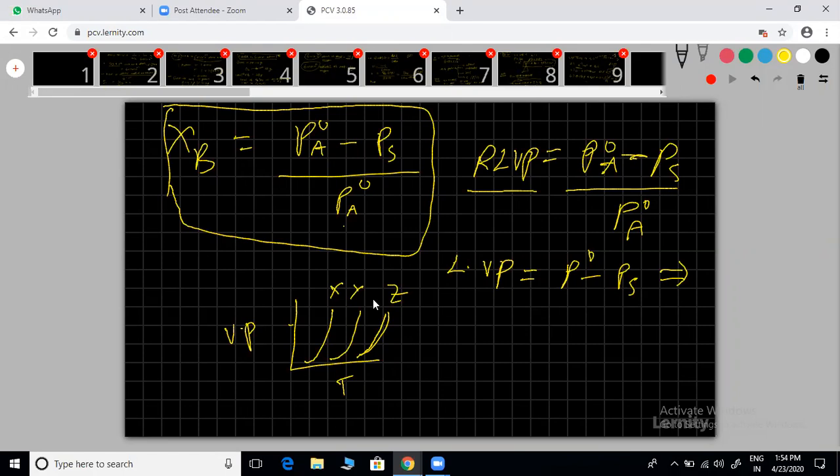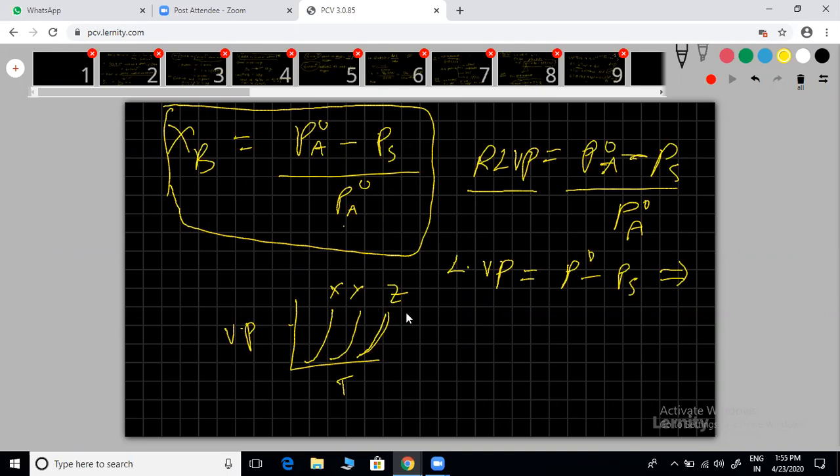Just look at relative lowering of vapor pressure and lowering of vapor pressure differences. They gave vapor pressure against temperature for X, Y, Z. In these, X has higher intermolecular interactions compared to Y, and Y has more intermolecular attractions than X, like this.